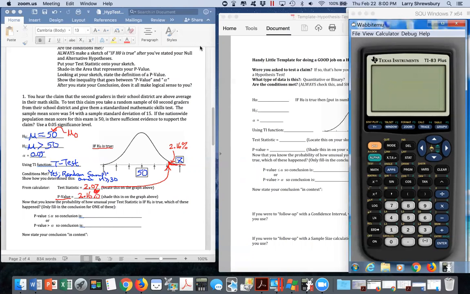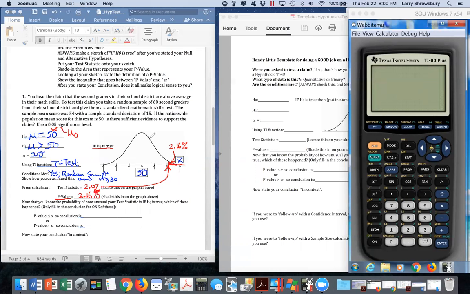Now, let's get over here. So now, here's the idea. I want you to picture, if I had gotten a test statistic that landed close, what would I have shaded in my graph? Well, I would have drawn a line there and shaded it away from the curve. That would have been a big area, wouldn't it? So I would have had a big p-value if I landed close. So a big p-value, well, what do you know about probabilities?